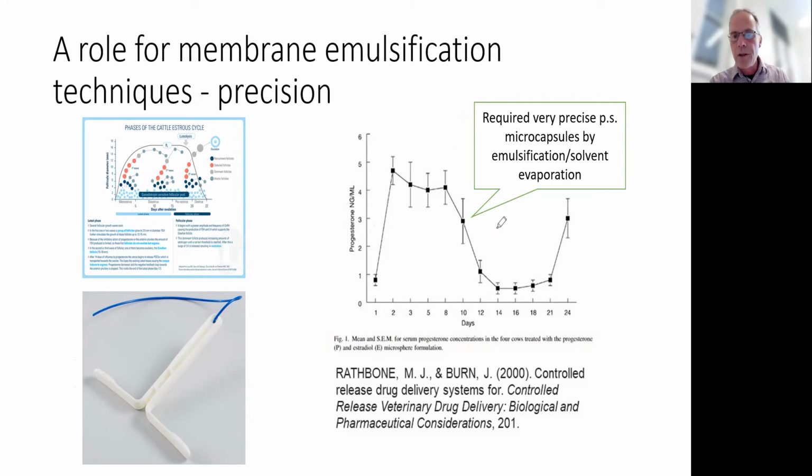But as I mentioned, this requires a precise, uniform particle size distribution, and if you're using conventional, typical microencapsulation techniques, you might not always be able to achieve this. This is work from quite some time ago. It's the sort of application in veterinary agriculture and veterinary pharmaceuticals that would benefit from precise step-by-step assembly of microcapsules to control particle size and other properties that will then dictate your release.